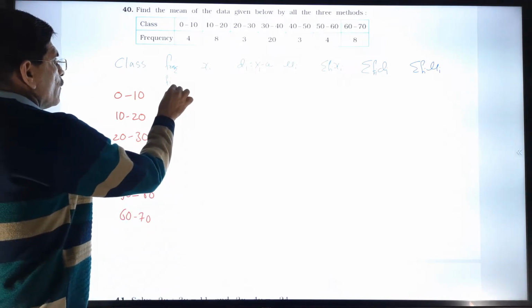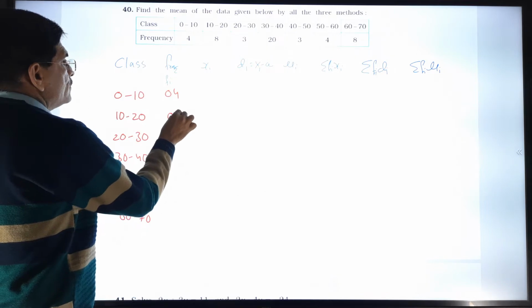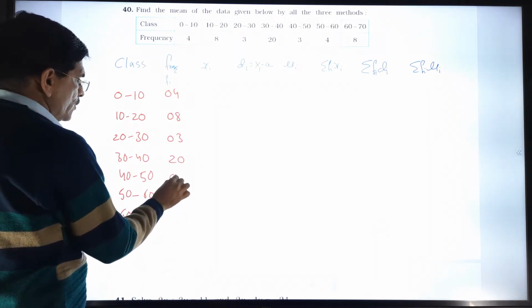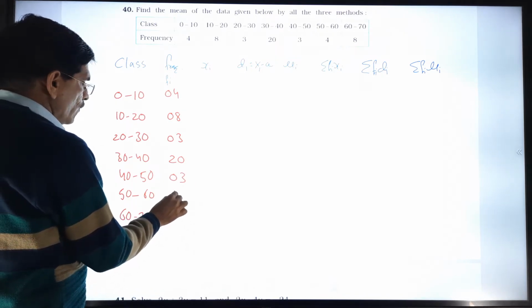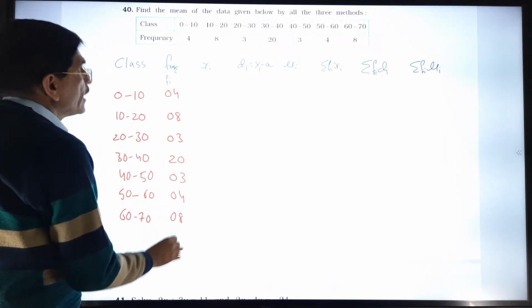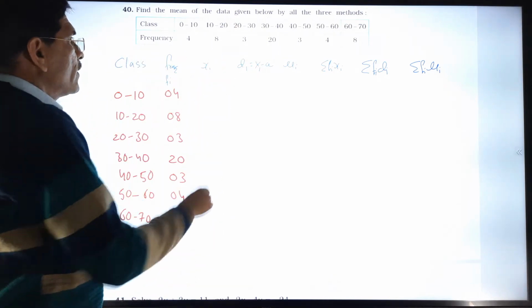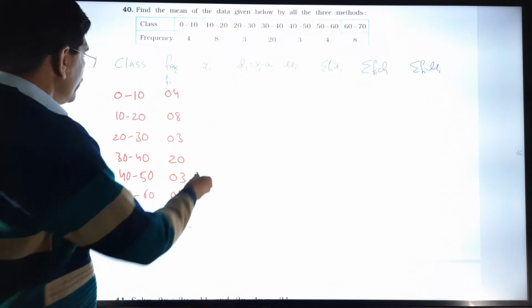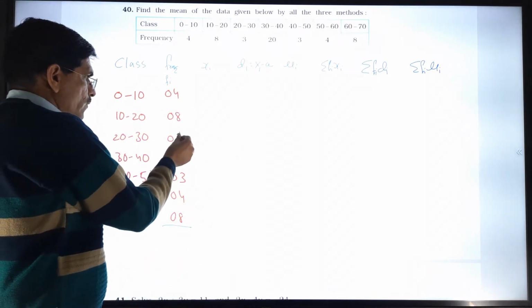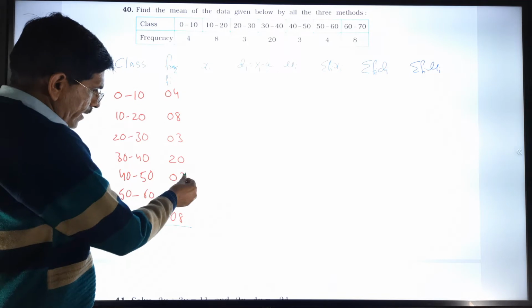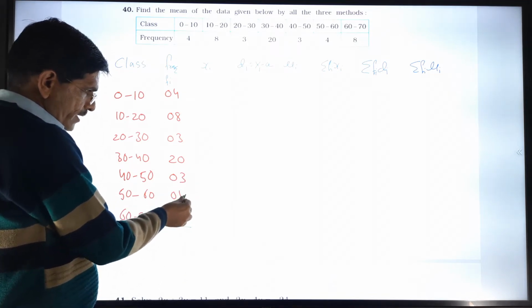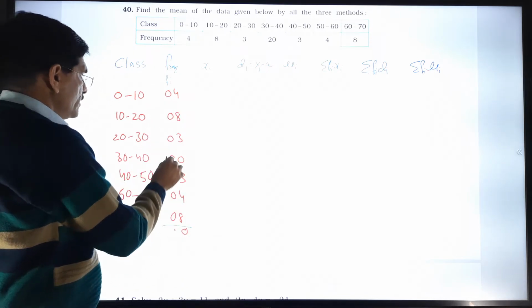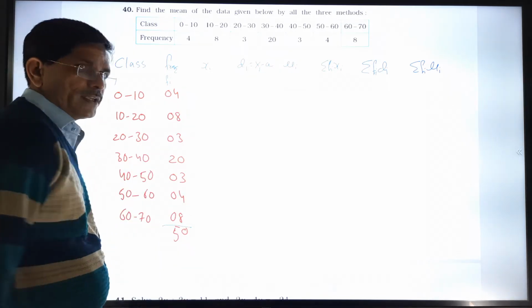Now the frequencies are 04, 08, 03, 20, 03, 0408. In the question, total frequency is not given, so we first have to do the total of it. So 4 plus 8 is 12, 12 plus 3 is 15, and again 15, 7 15 and 15, that is 30. 0 carry the 3 plus 2, that is 50.